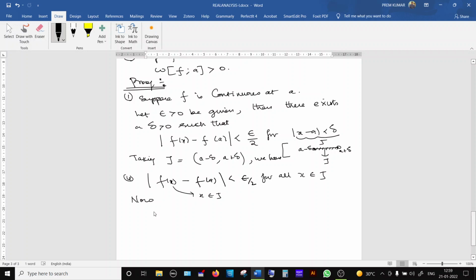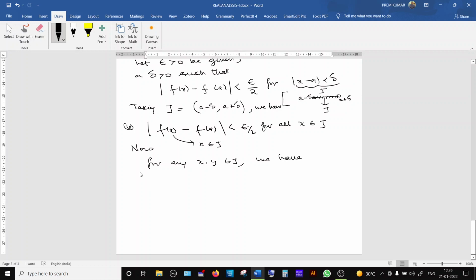For any x comma y belongs to J, we have, I am going to take 2 elements from J. So what is happening? What is the difference between f of x and f of y? This is nothing but, I am going to subtract f of a and add f of a.